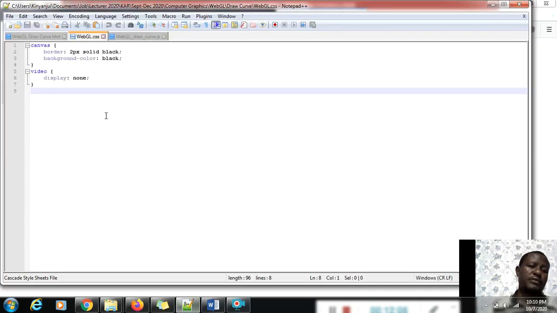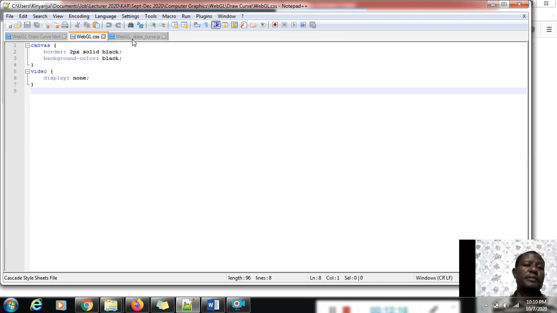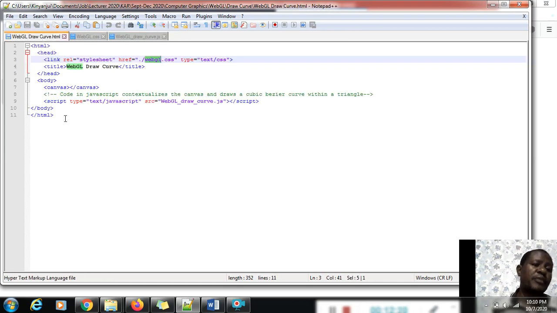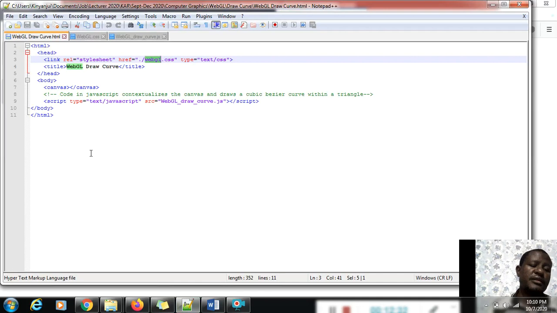Of course, now the rest is the context, and therefore the color black is not in the context because it has been contextualized to have gray, which is visible. Then within the body we have the canvas, which is this gray section here, within which we find the triangle, and of course the curve.